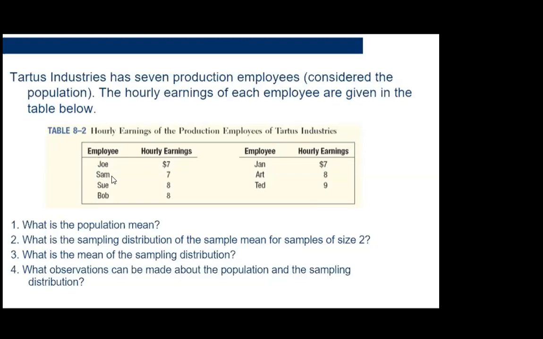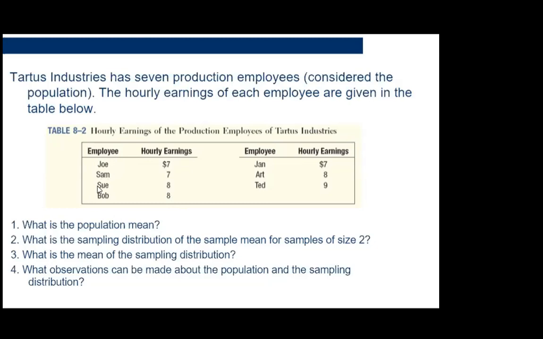Let's say Joe and Sam, Sam and Sue, Joe and Sue. Any combination of two of these can create a sample mean, and we can get the average of that sample. If my sample 1 is Joe and Sam, they both earn $7 an hour, so on average they earn $7 because they're not different.